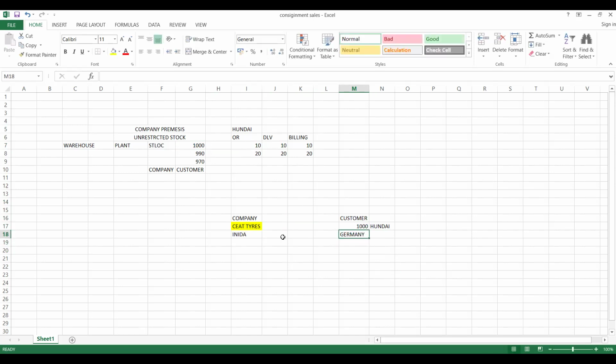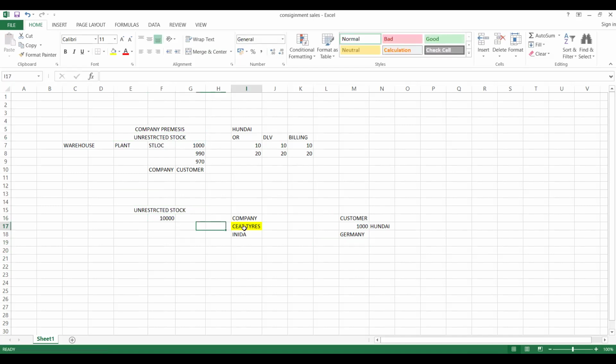The customer located in Germany, Hyundai Germany, Hyundai USA, Hyundai UK, you'll have different locations. What I have to do is, instead of creating confusion, instead of avoiding conflicts of the promotion, to speed up the business process, I will place the stock here. Assume the unrestricted stock is 10,000.